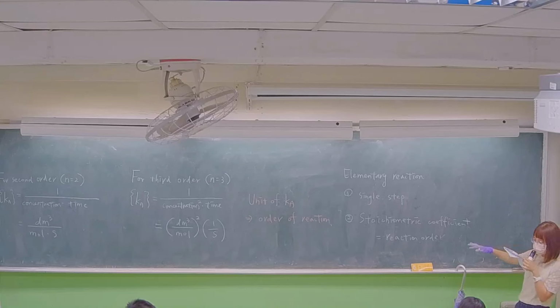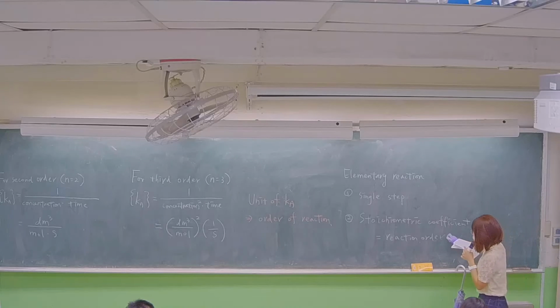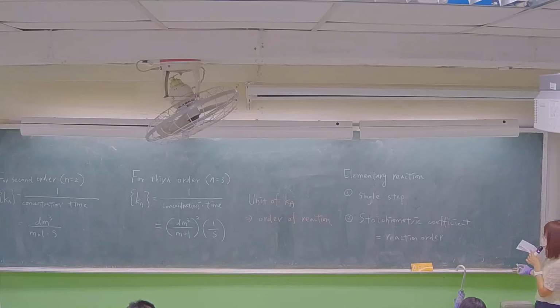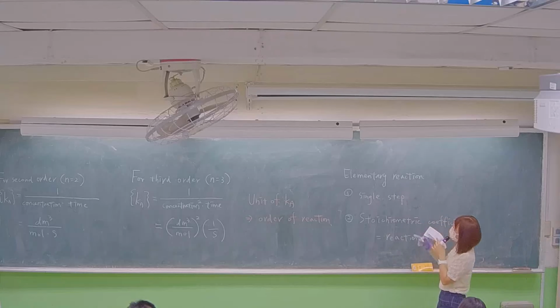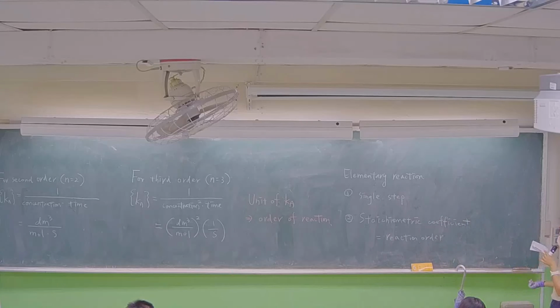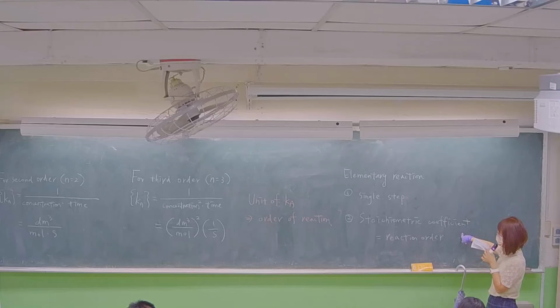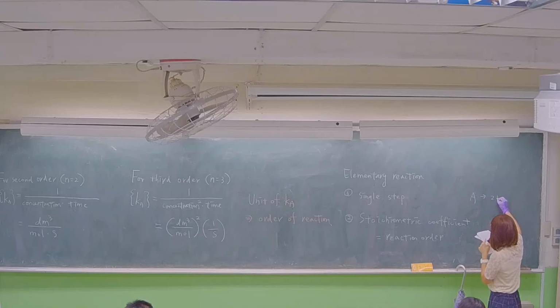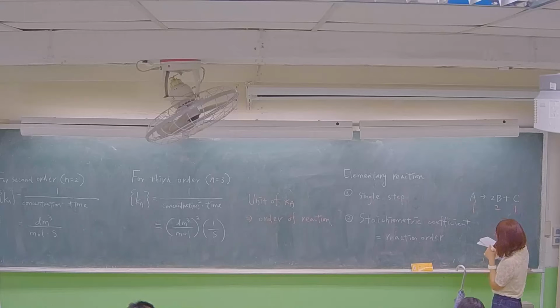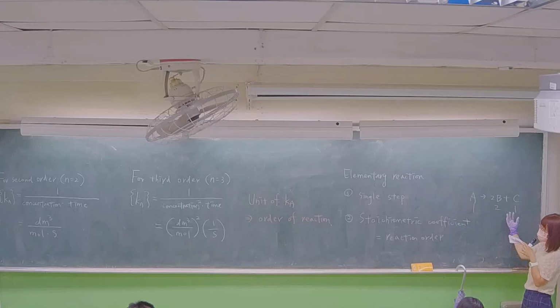The other part is the concentration, and the order is part of the concentration term. So if you see this, the problem is a simple problem. You can just look at the stoichiometric coefficient. It is the same as the reaction order, so the coefficients for A, for B, for C are the orders in the rate law.